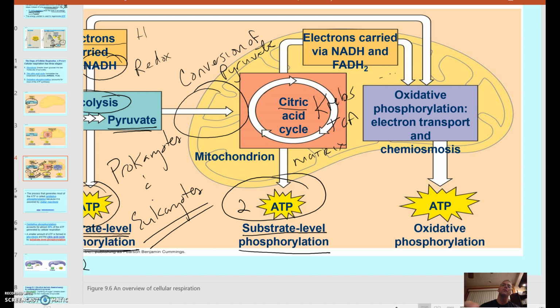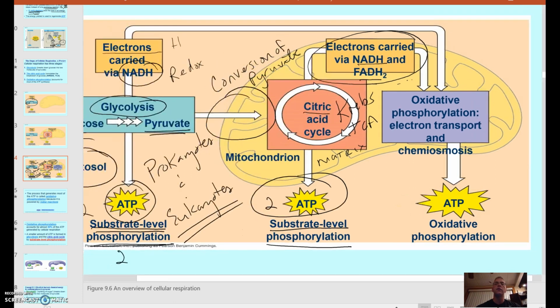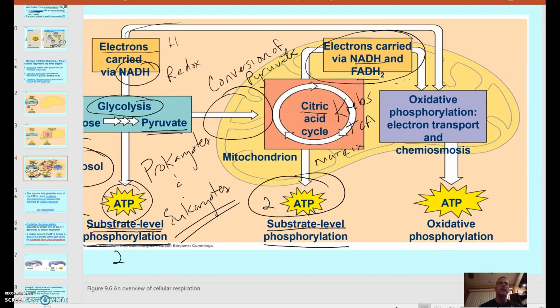We're going to produce, coming off of that, a certain quantity, which we'll detail in a few minutes, of NADH and FADH2. And once again, those high energy molecules are going to deliver their electrons to the final component, which is known as oxidative phosphorylation, which involves the electron transport chain. And the electron transport chain is located right here.